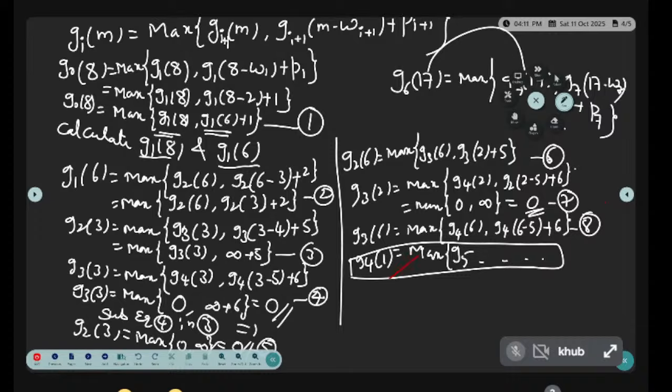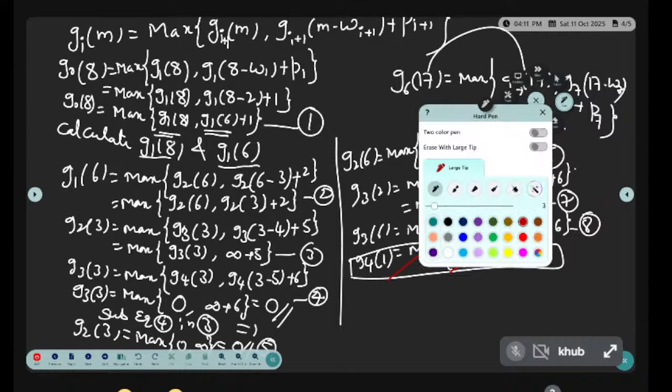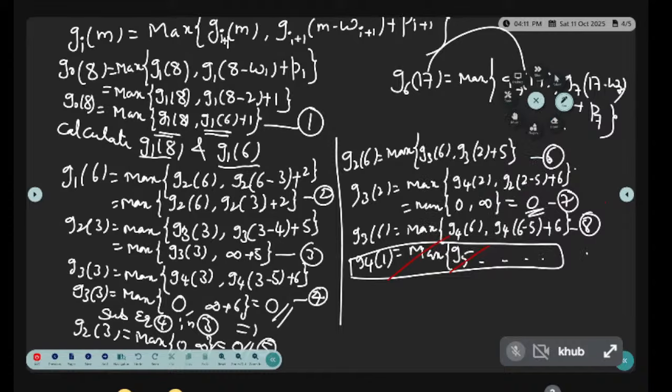We are not considering this. And this G3 of 6 is equal to maximum of 0 comma 0 plus 6, which is equal to 6.